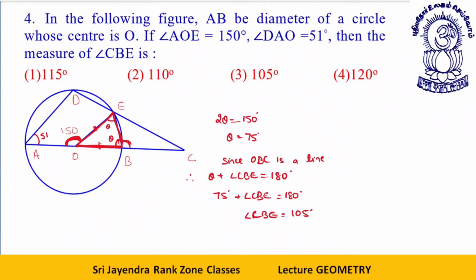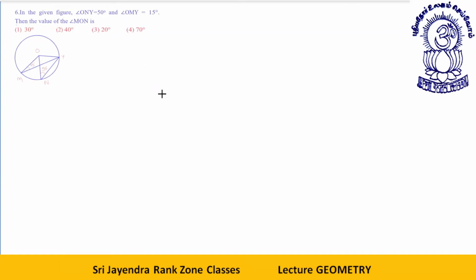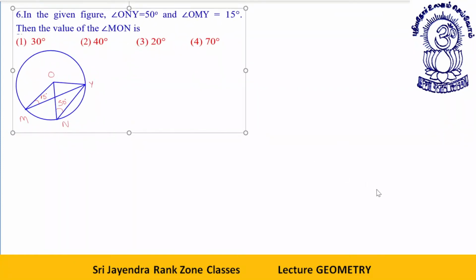Okay, let's take the next one. In the given figure, angle ONY is equal to 50 degrees and angle OMY is equal to 15 degrees.